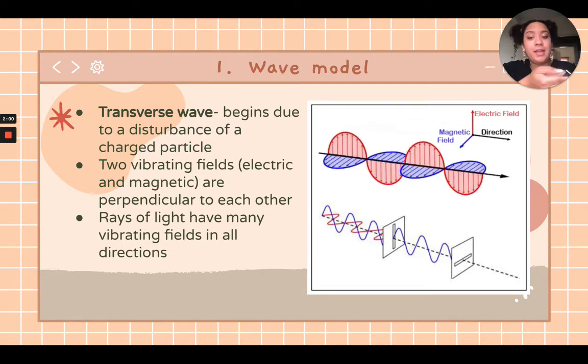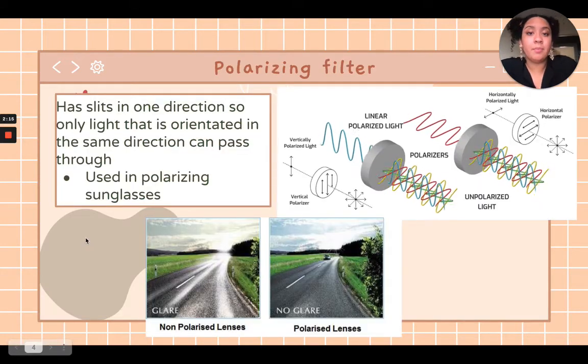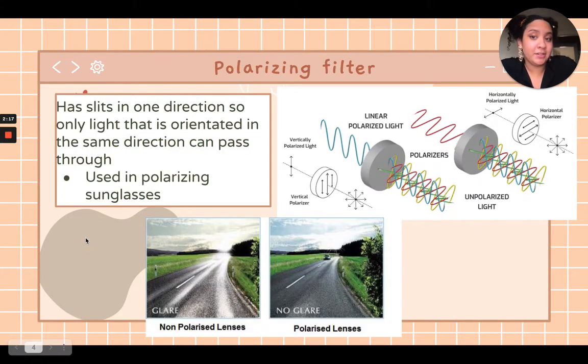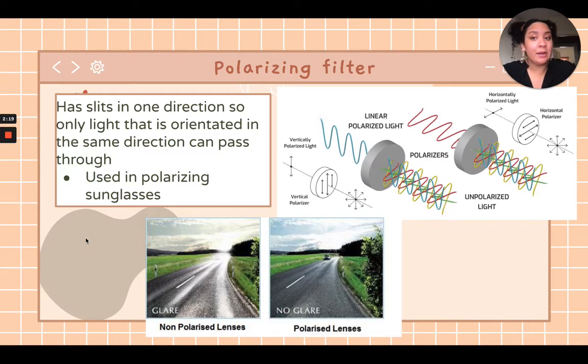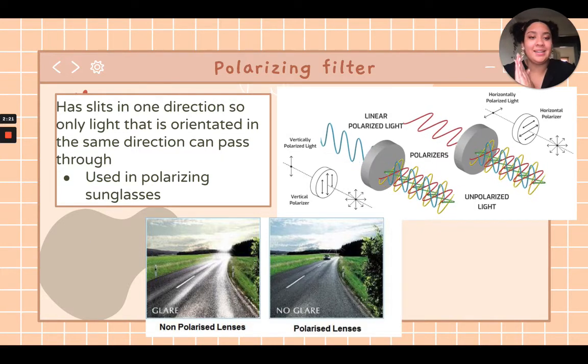So rays of light, remember light is an electromagnetic wave. They have vibrating fields of all directions. So it's not like this. It's also like this, like this, and like this. So they are in all directions. So since they're in all directions, there are things called polarizing filters, which have slits in one direction, so only light that is in that one direction passes.